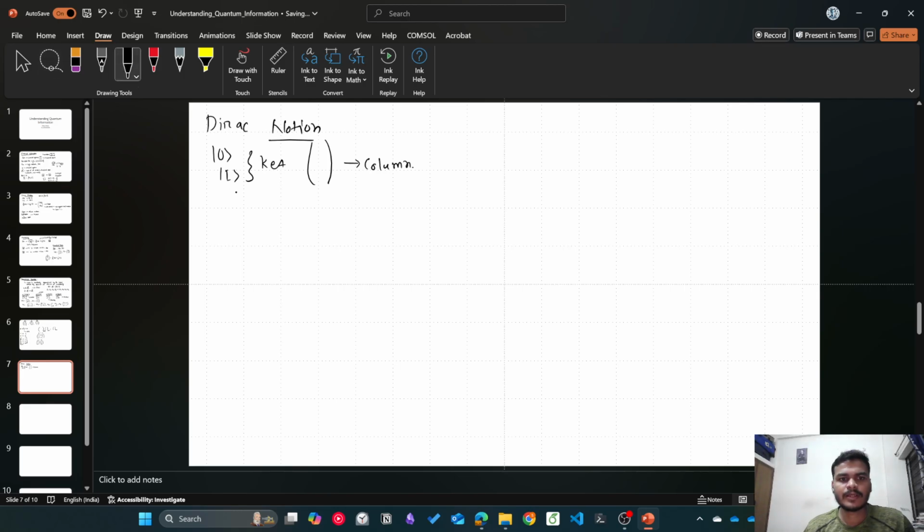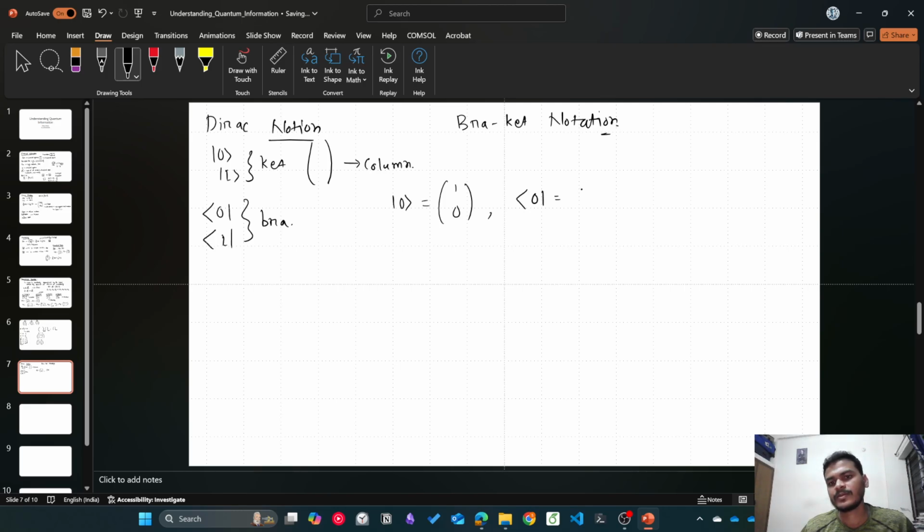So here, this is how we represent a bra. This is called a bra. These two kinds of notations are called bracket notation or Dirac notation, bra and ket notation. Okay, so let's say this is our 0, no, it is 1 0, then our bra 0 will be represented as 1 0 as a row.